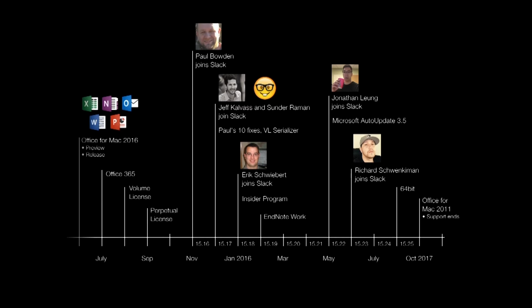Jonathan Leung is here in the audience, I hope. There he is. Would you stand up? He works on OneDrive. We've got 2 folks here. They represent different Office and non-Office applications such as Outlook, OneDrive, Skype for Business.